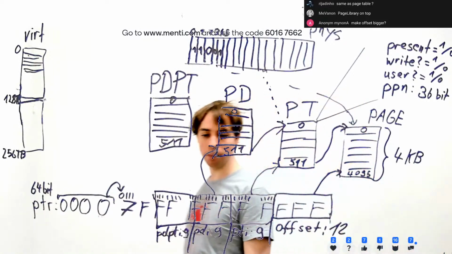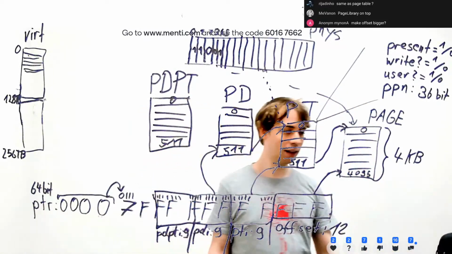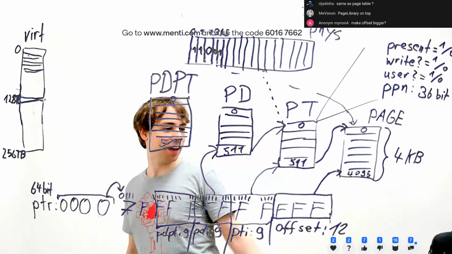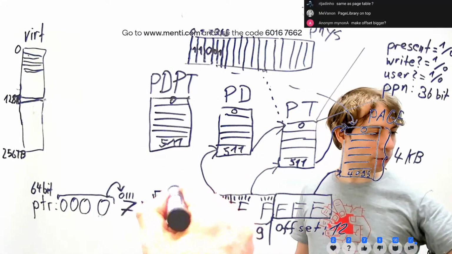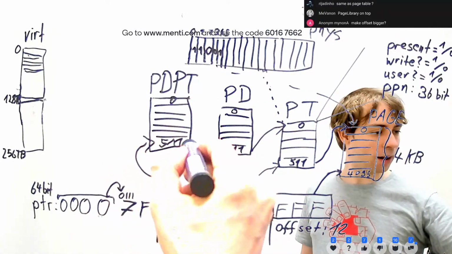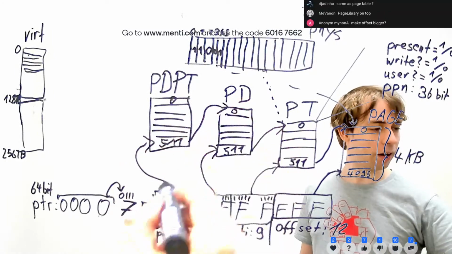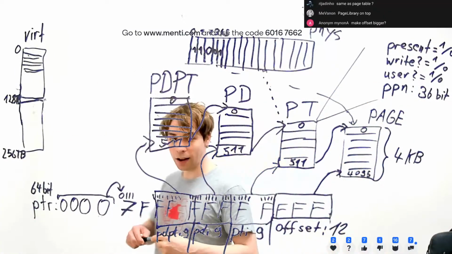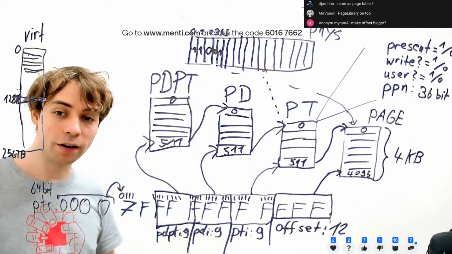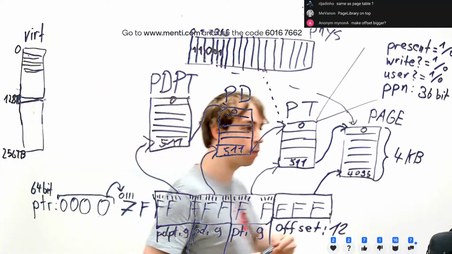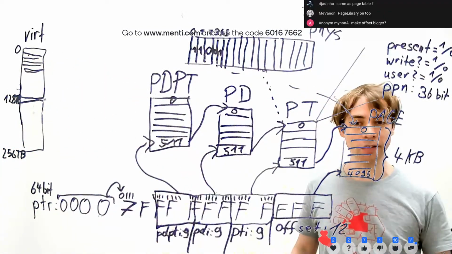Page directory pointer table index. Complicated name, right? We provide this number here as the index, and this will tell us where the page directory starts. A page directory pointer table has 512 entries, so it's responsible for 512 page directories.